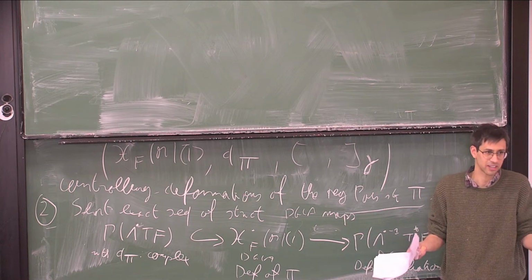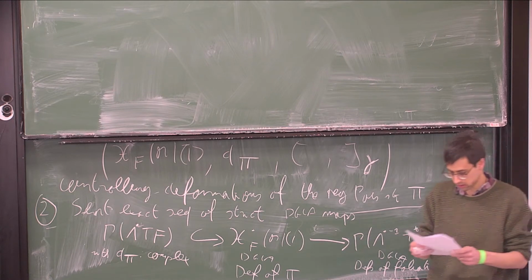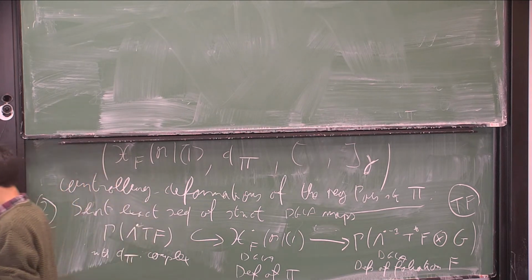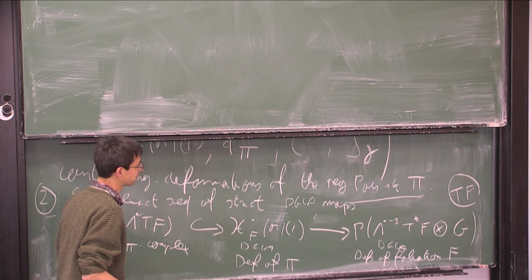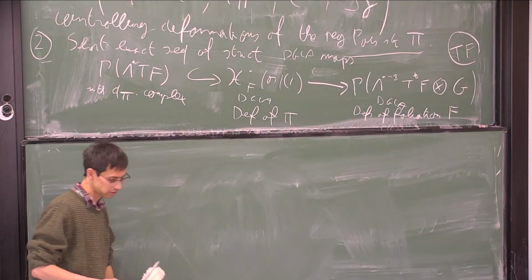You have a forgetful map. That's my main point. So now I think I have 15 minutes, and so I can try to write down some geometric consequences, and I will hand wave the proof of the main theorem at the end.